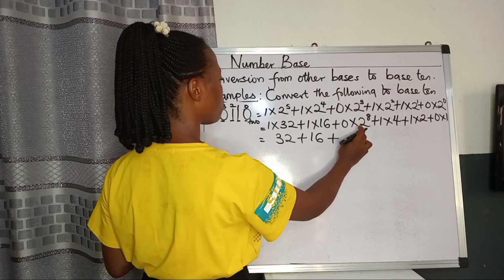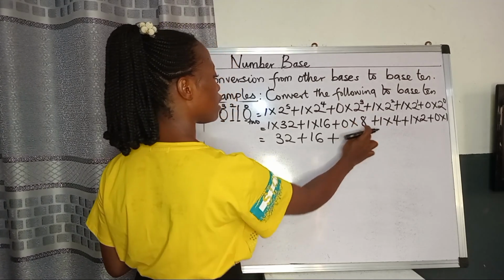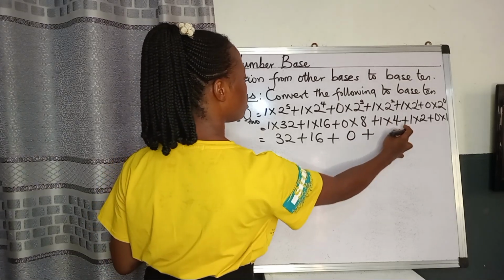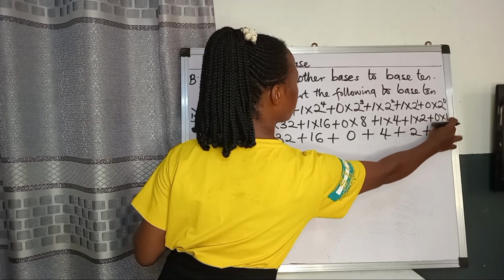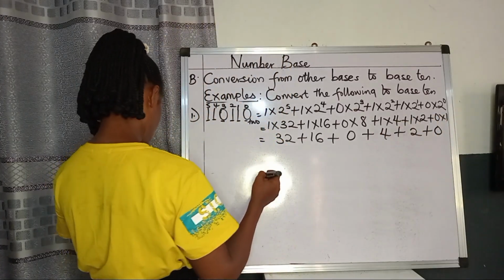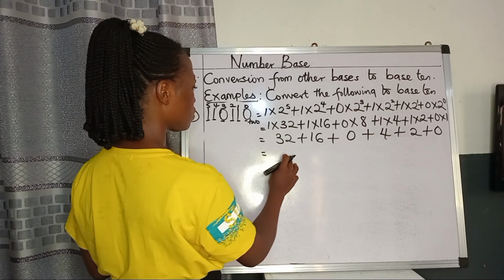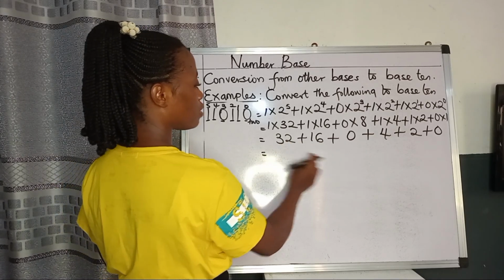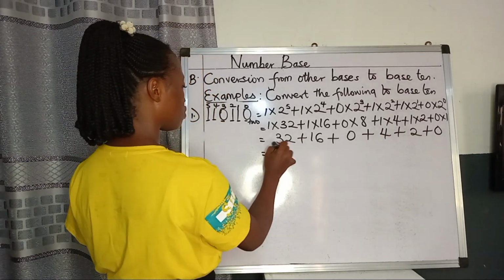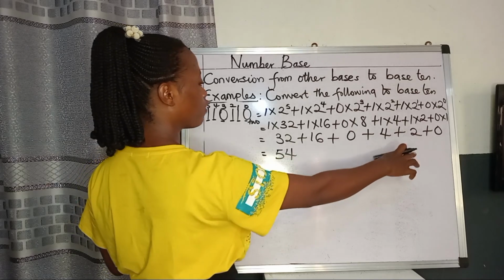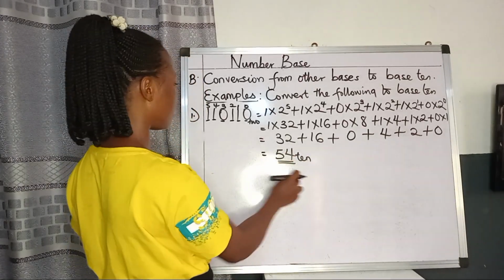Sorry, this is 8. 0 times 8 is 0. 1 times 4 is 4. 1 times 2 is 2, and 0 times 1 is 0. 32 plus 16 is 48. 48 plus 4 is 52. 52 plus 2 gives you 54. And 54 plus 0 is 54. So our answer here is 54 base 10.